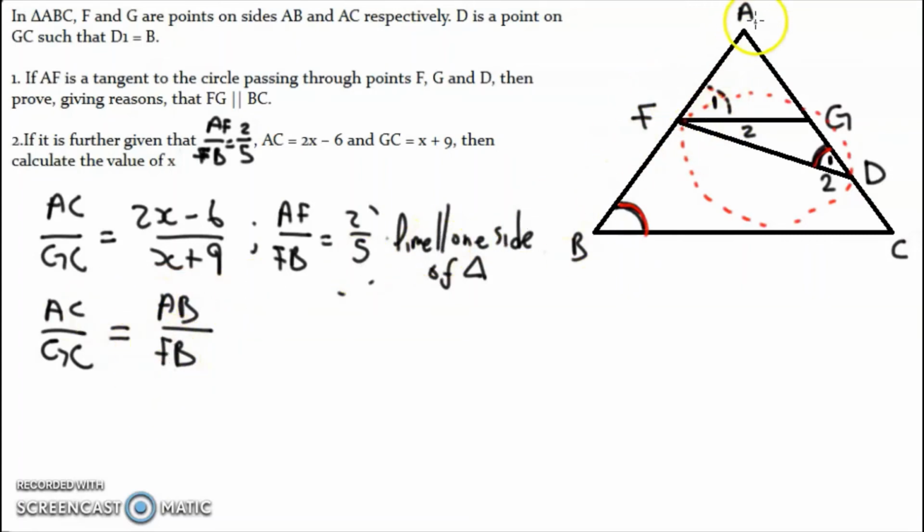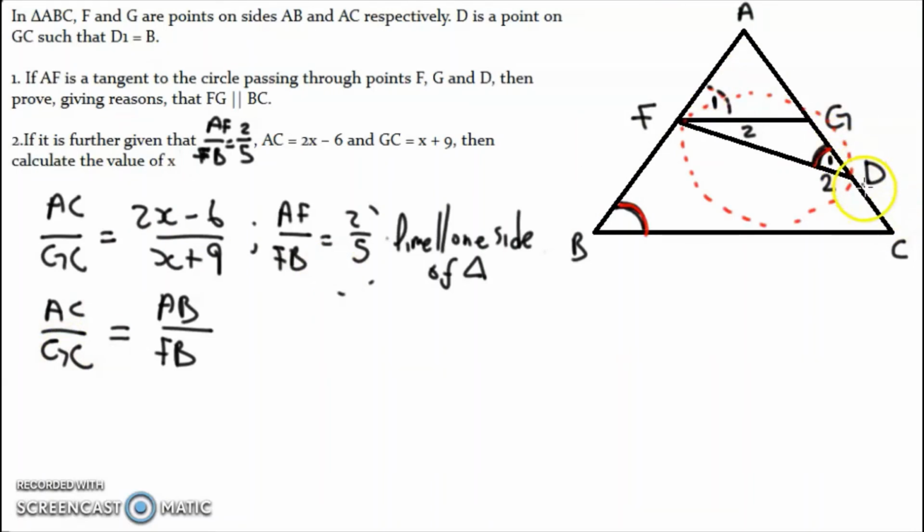Just use logic here. From A to C, you take the whole line here, and therefore you should also take the whole line when you are writing on the other side of the equality sign. You should take the whole AB line as well. And then at the bottom we have GC. GC is only this small part here.